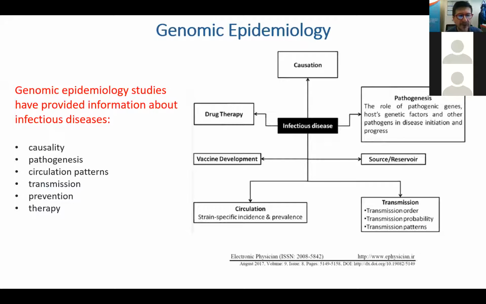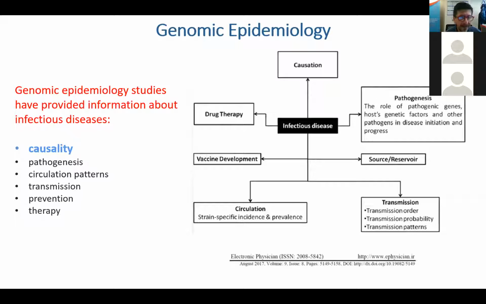Here, I just want to mention simple examples where genomic epidemiology allows us to advance in different aspects and objectives we have for epidemiology, which are causality, in other words, what's the cause of the disease, the pathogenesis, the circulation patterns, the transmission, prevention, or therapy.